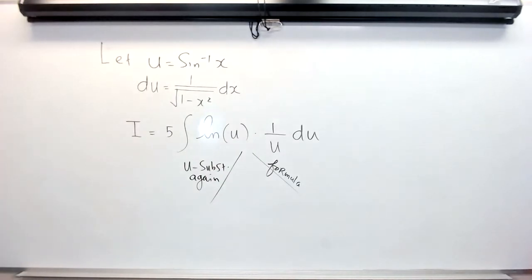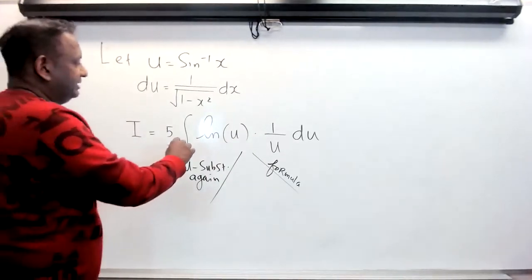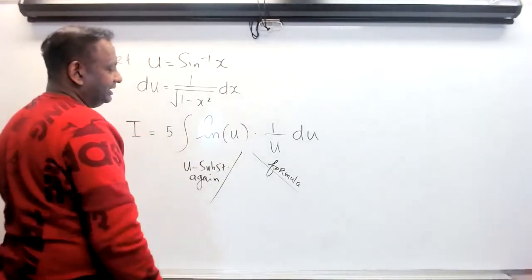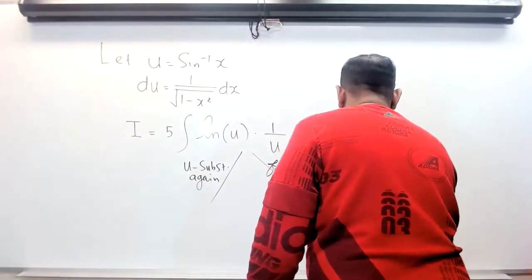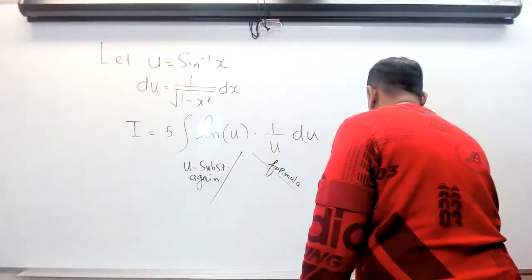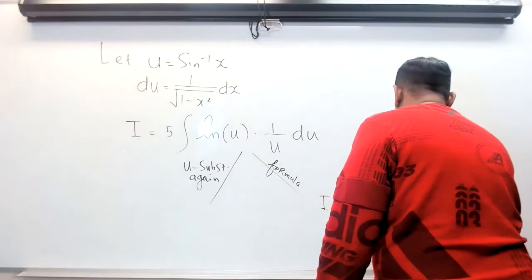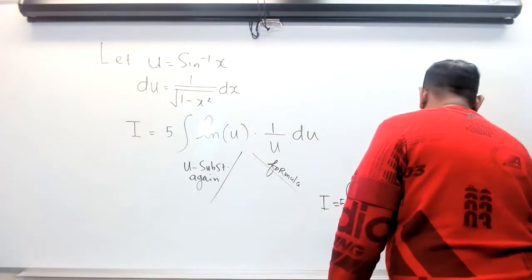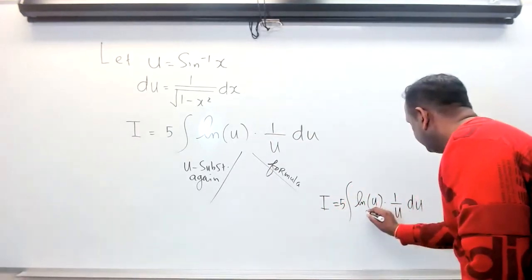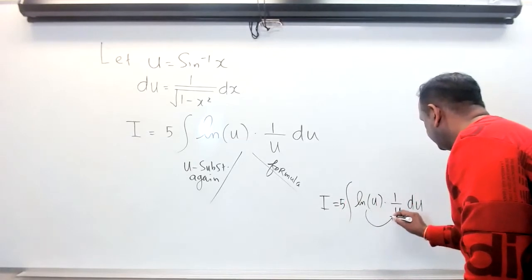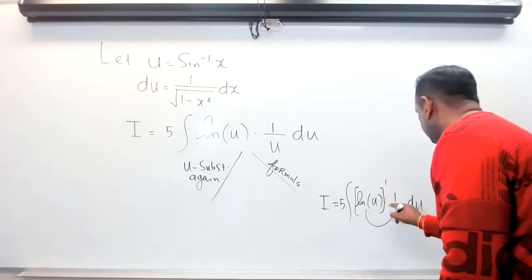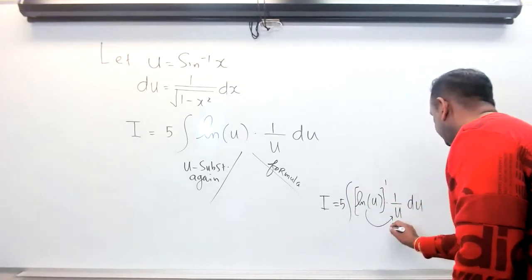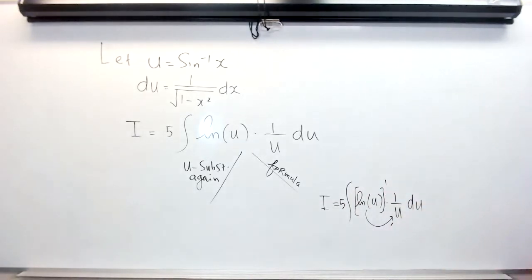If you use the formula, you can take something and see its derivative right next to that one. You have a phi here, ln u here, 1 over u here, du here. If you take the derivative of the whole thing, to the power of 1, it's right over there. ln u with respect to u is 1 over u.